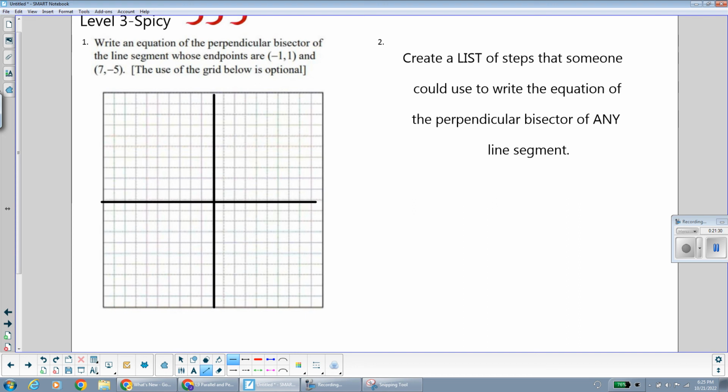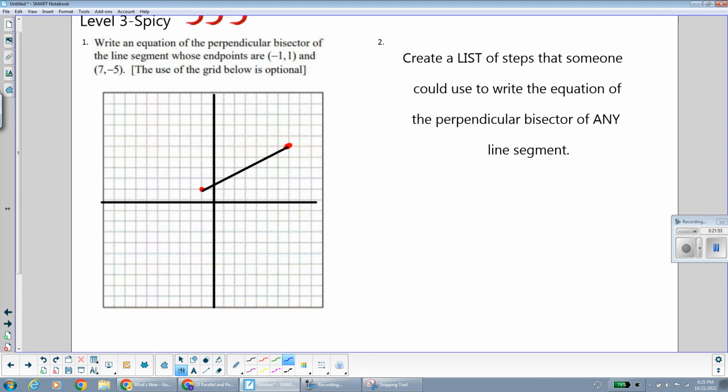So I'm just going to make my XY coordinate grid here. -1, 1 is right here. 1, 2, 3, 4, 5, 6, 7. 1, 2, 3, 4, 5 is right here. I'm going to connect those dots together with a line segment. So I know that the perpendicular bisector needs to pass right through the middle, or through the midpoint.